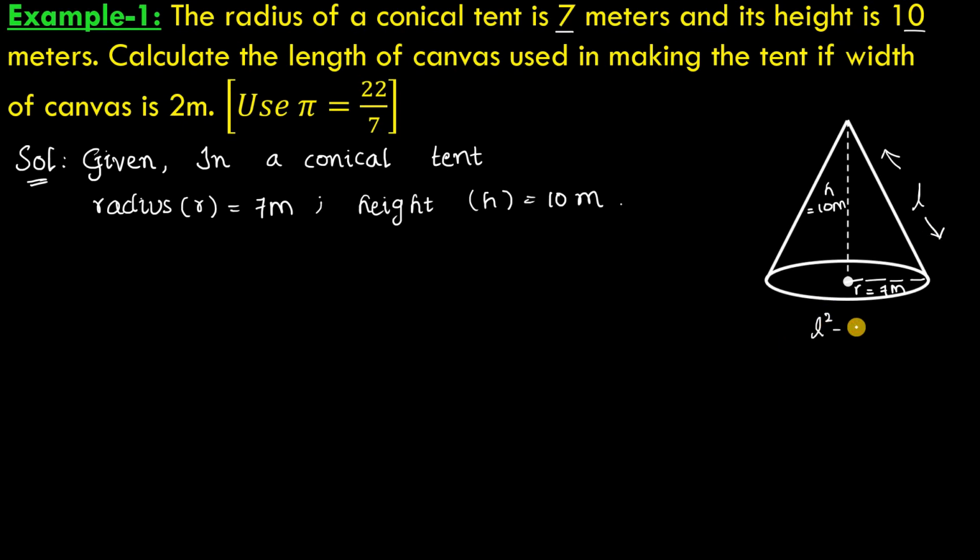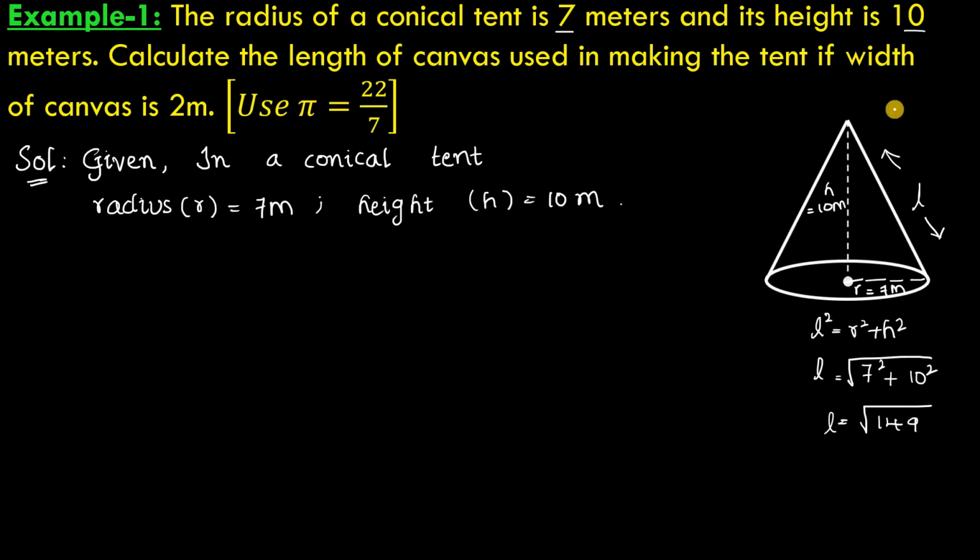L square equals R square plus H square, that we know. So L equals square root of R square plus H square, means R square is 7 square and H is 10, so 10 square, equals 49 plus 100 is 149.